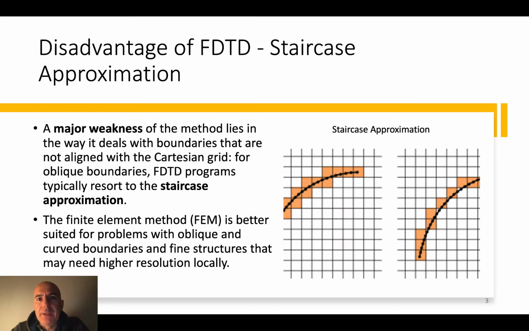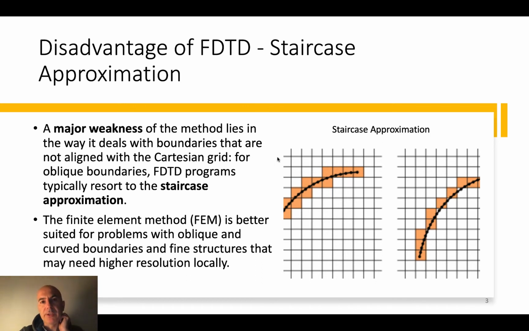So what is the disadvantage of FDTD? Well, the disadvantage is well depicted on the slides, where we try to describe a curve on a uniform Cartesian grid, and you see that we introduce this kind of approximation that is called staircase approximation.